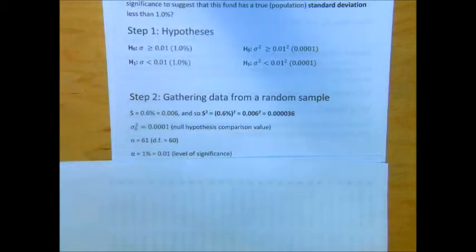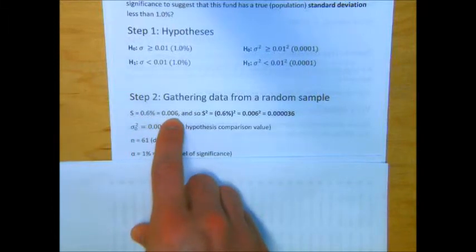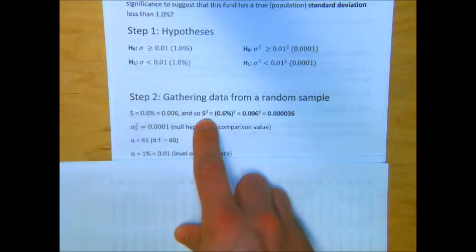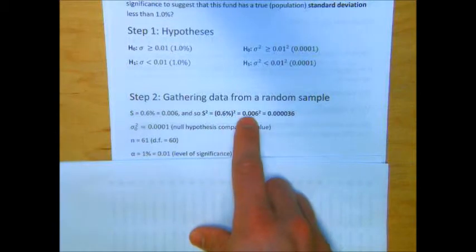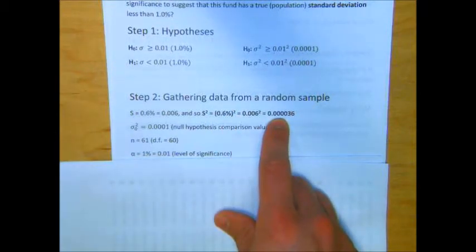As always in step 2, we gather the relevant data from the sample. Here we saw a sample standard deviation of 0.6%, which in decimal form is 0.006. So the sample variance, the sample standard deviation squared, is 0.006 squared, which is 0.000036.